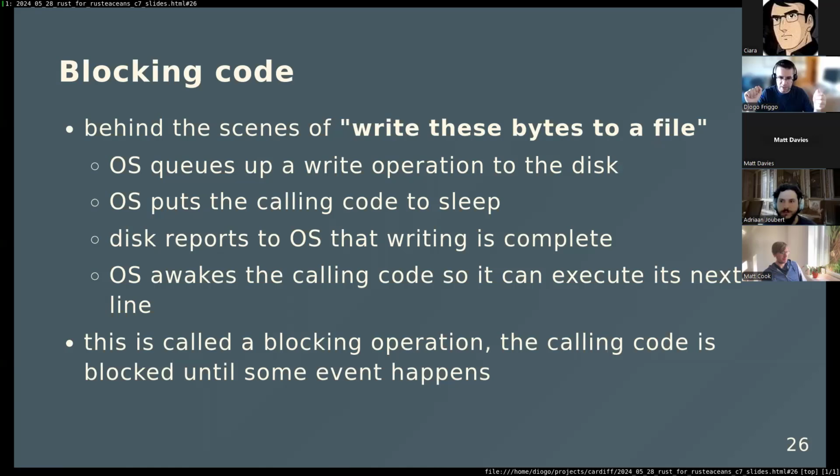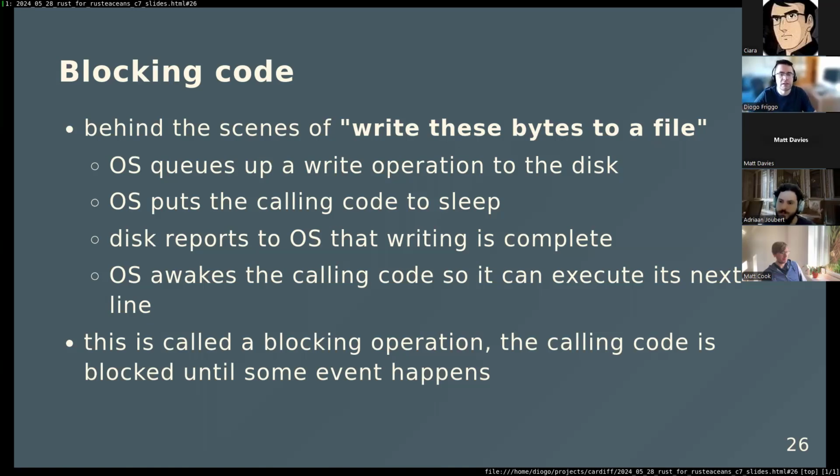And so the OS awakes the thread and it continues executing. So this very sequential code is really easy to reason about. If you have any point of waiting, you block and you stop execution until you get a response. This is really easy to reason about, but it's also really inefficient.